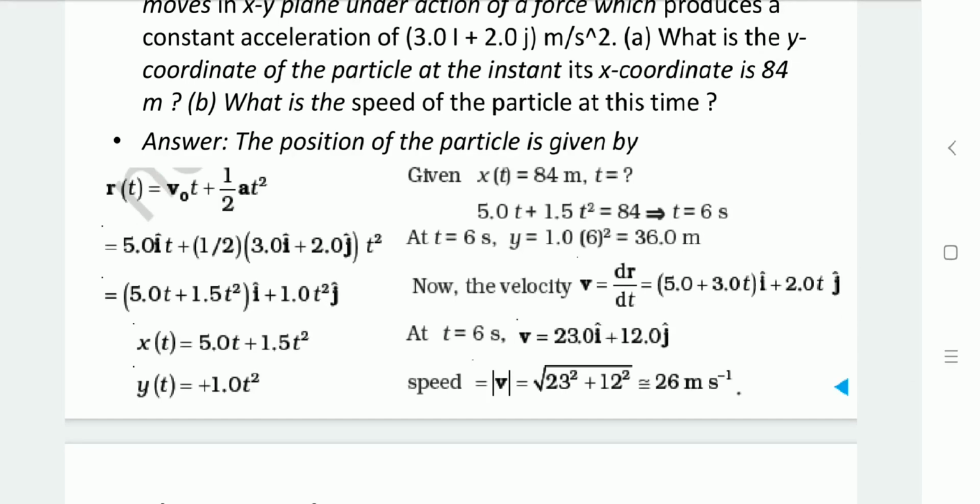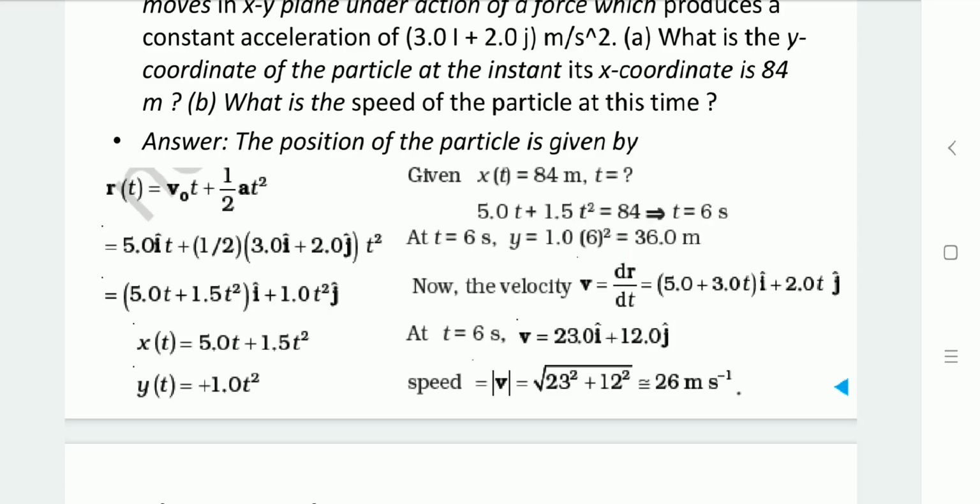The time is already calculated, that is t equals 6. Substituting the value of time in the velocity, it would be 23i plus 12j. Let us take its magnitude, so v equals under root of 23 square plus 12 square, which is 26 meter per second. So that is the speed of the particle at time t equals 6 seconds, 26 meter per second.